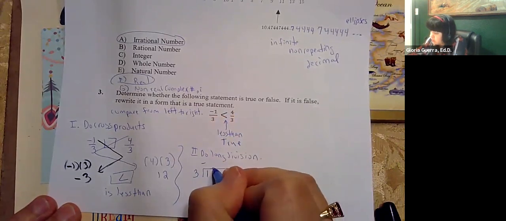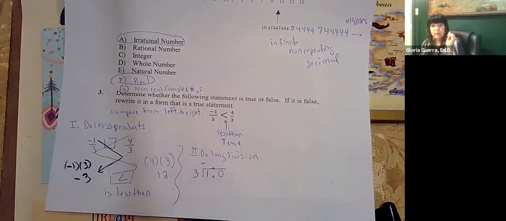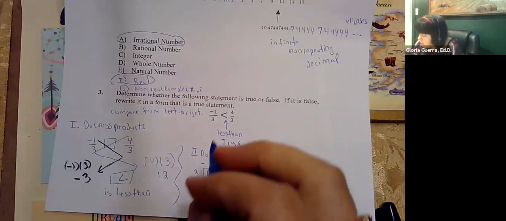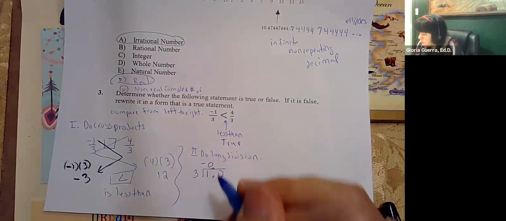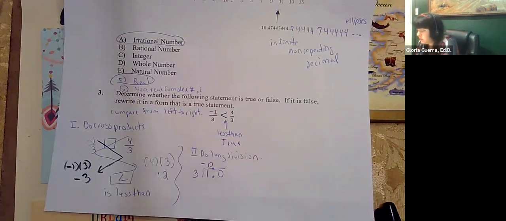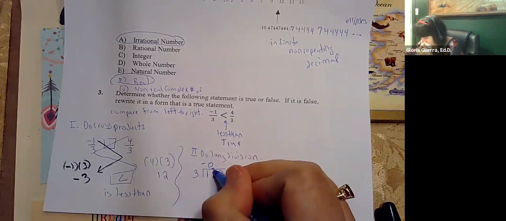And I'm also going to put a decimal here and some zeros. So I'm going to say how many 3s go into 1? And you would say none. If you were a size 3 shoe, you couldn't fit that foot into a size 1 shoe. So 3 doesn't go into 1, so it's 0. But you can ask how many 3s go into 10.